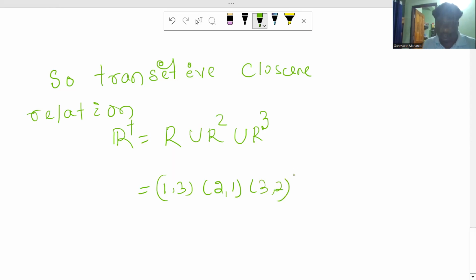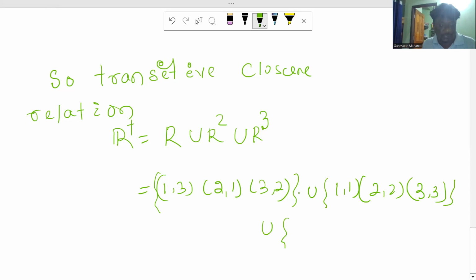We combine this with R square: 1, 1, 2, 2, 3, 3, that is the R square relation, union the R cube relation.